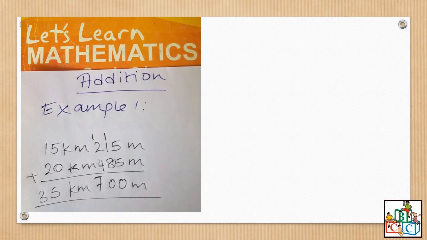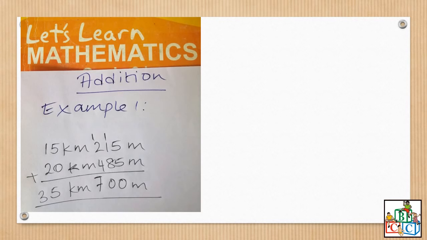You will write this in your copybook and work it out. When you work out this addition question, your answer will be 35 kilometers 700 meters. You are going to work this out by yourself and check if your answer is correct.